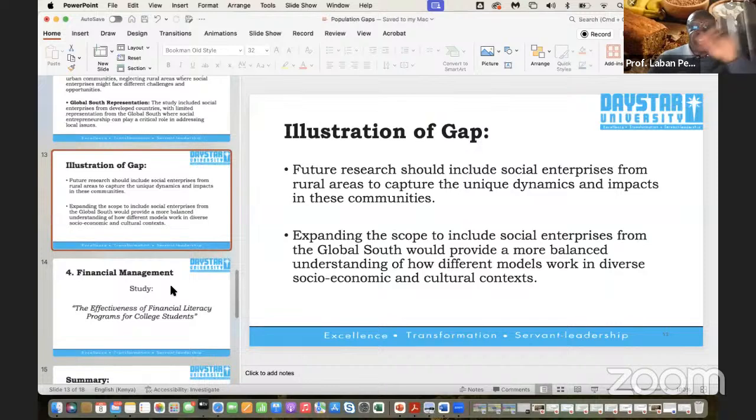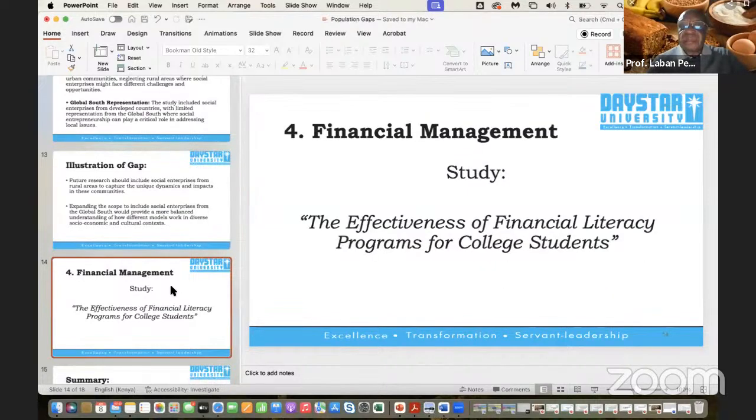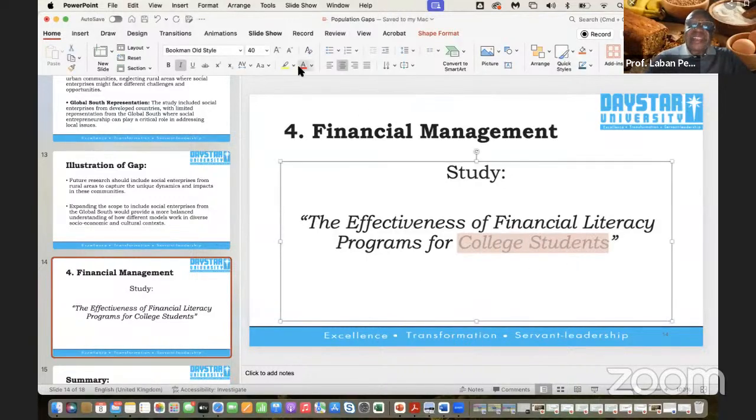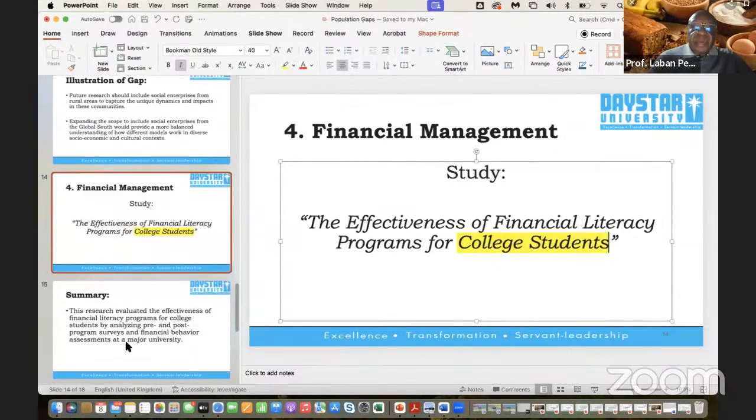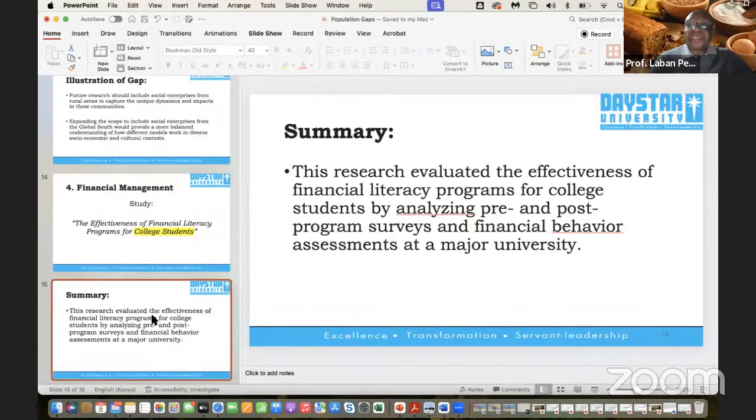Let us take financial management. The effectiveness of financial literacy programs for college students. Again, they are talking about a demographic. They are talking about a population, college students. So when you read the article, you do a summary. This research evaluated the effectiveness of financial literacy programs for college students by analyzing pre- and post-program surveys and financial behavior assessments at a major university.